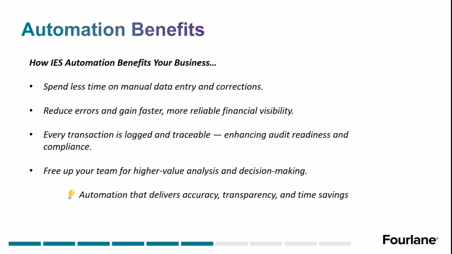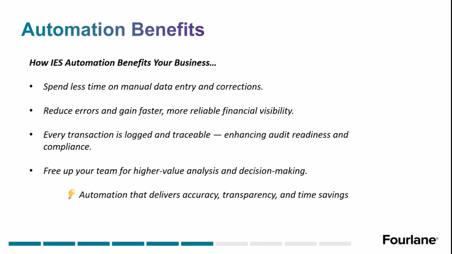So all the automation we've seen throughout IES, from bill allocation to AI-assisted data entry, directly translates to efficiency and control for your business. Instead of spending hours rekeying or reconciling data, your team can focus on reviewing and interpreting results. That shift reduces errors, speeds up month-end close, and provides faster financial visibility.